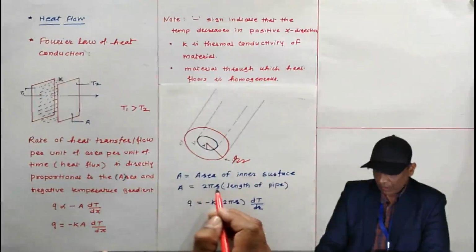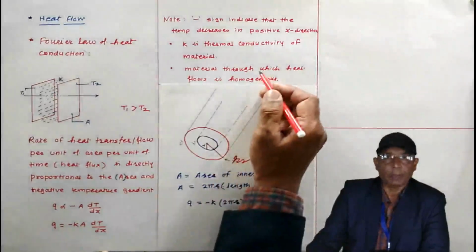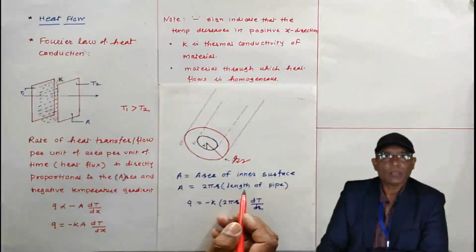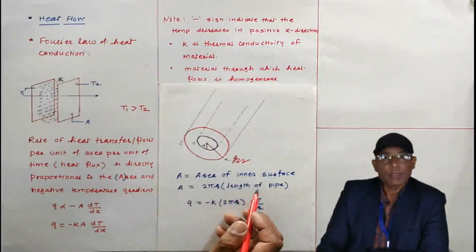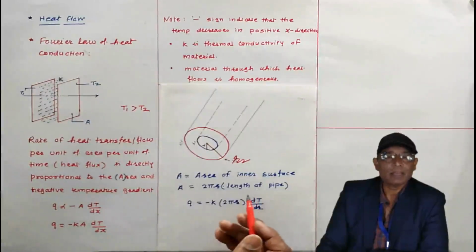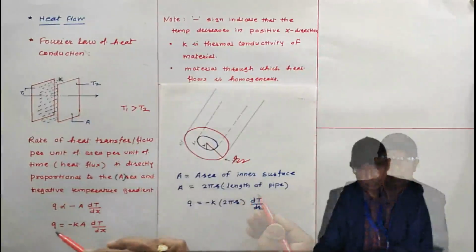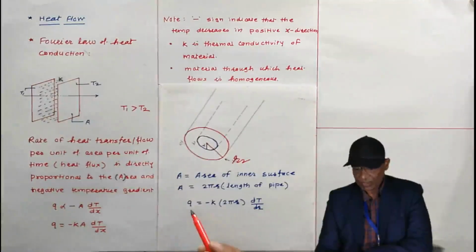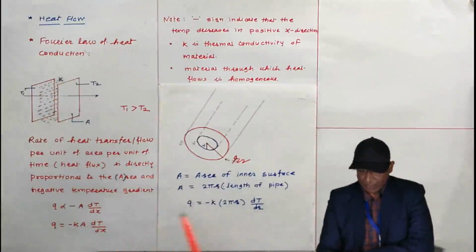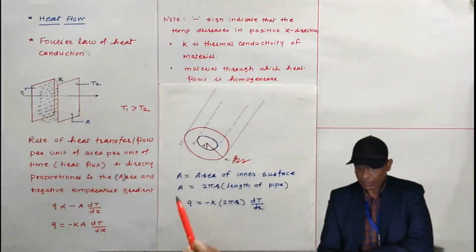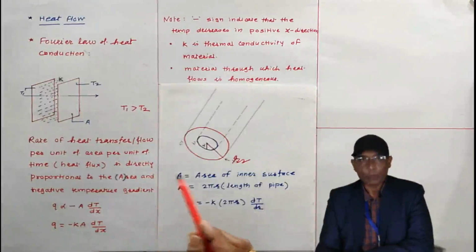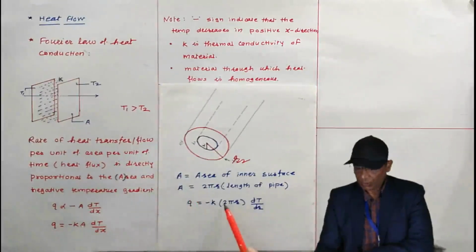So the area is 2 pi r multiplied by the length of the pipe, which you may denote by L. Throughout this topic, I will initially consider the length of the pipe as 1 centimeter or 1 meter. The heat flow Q can be written as minus K 2 pi r dT by dx, because A is the area, which is 2 pi r.